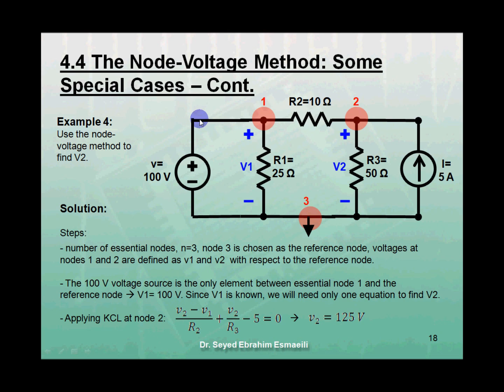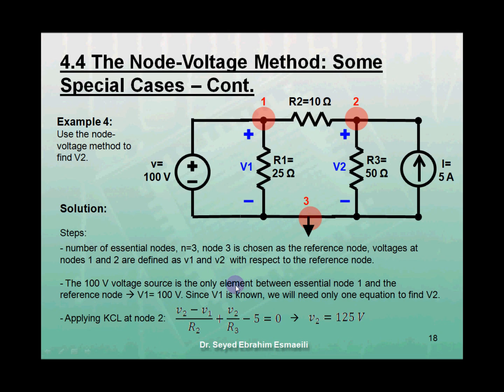The 100 volt source is the only element between essential node 1 and the reference node. This is the first case mentioned in the previous slide, from which V1 is restricted to be equal to 100 volts.